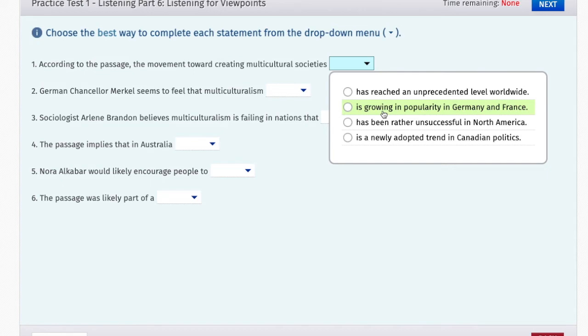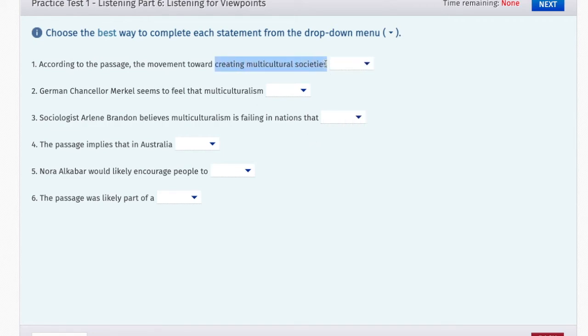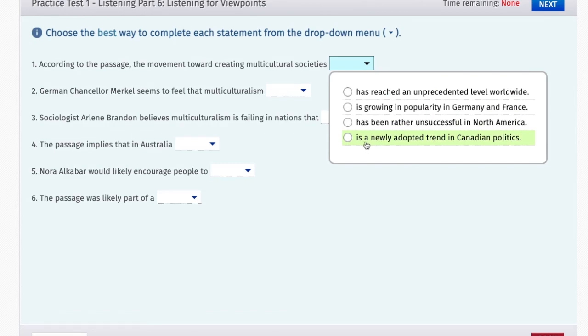Now, also, we have to look at the other answers. Did it say, for example, Canadian? I know I mentioned Canada in several cases. Did it say that creating multicultural societies is a newly adopted trend in Canadian politics?